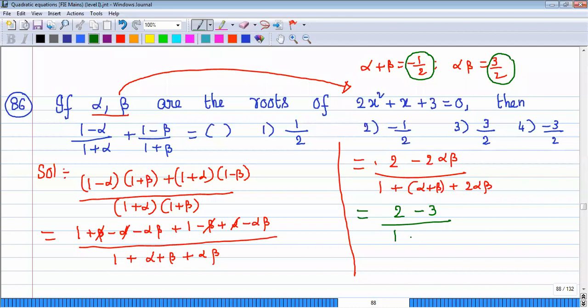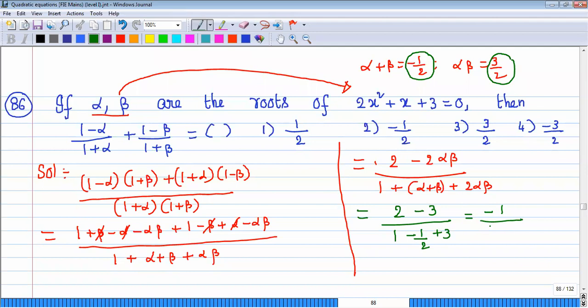Minus 1 upon 2 plus alpha beta is equal to how much? That is 3. So you have this will be minus 1 upon 4. This is 3 plus 1 is 4. 7 by 2 you will be getting. Something mistake we have done.